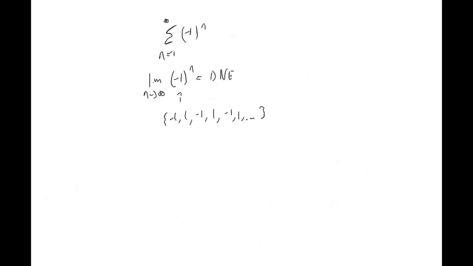Since the limit doesn't exist, it's not 0, for sure. If your limit doesn't exist, your limit cannot be equal to 0, because if it were equal to 0, that would mean the limit exists in the first place. So this diverges by the test for divergence.